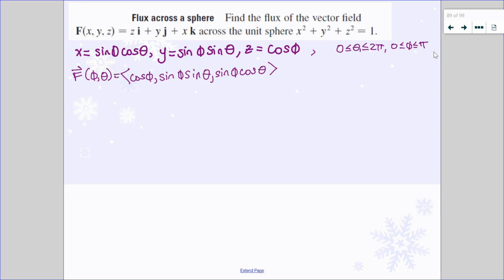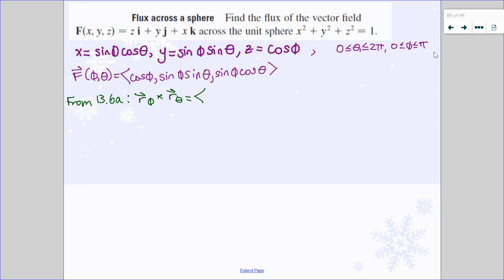So what we found was that, from that section's notes, our r phi cross r theta, and we were actually doing it with a sphere, and it was a hemisphere, like the upper half, but that didn't matter at this point because we didn't put bounds in.